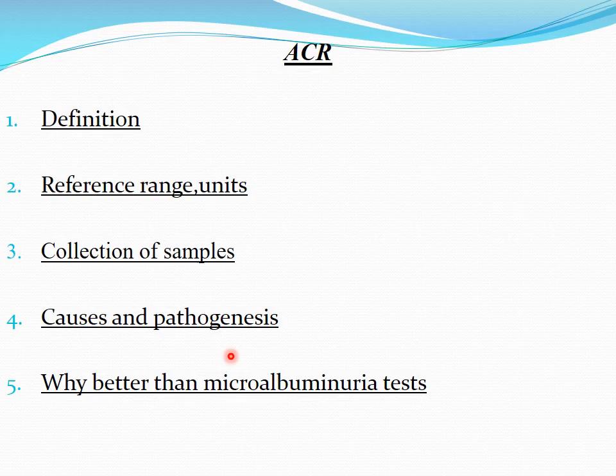So this early stage can be trapped with the help of microalbuminuria. More important is finding out the ACR. So why is it better than the microalbuminuria test? I have already said, because there is always the problem of intra-individual variation if you consider microalbumin, because the urinary volume doesn't remain the same, and if you consider creatinine along with that, this error is corrected.